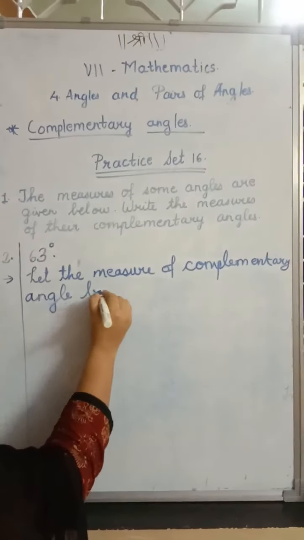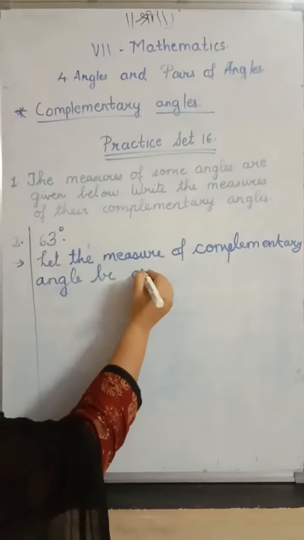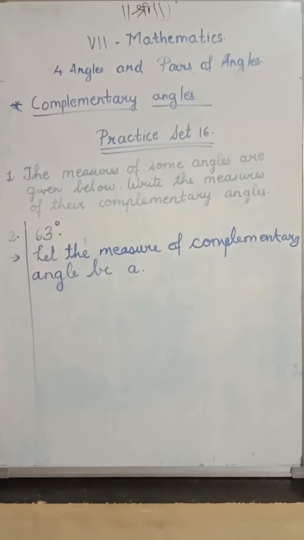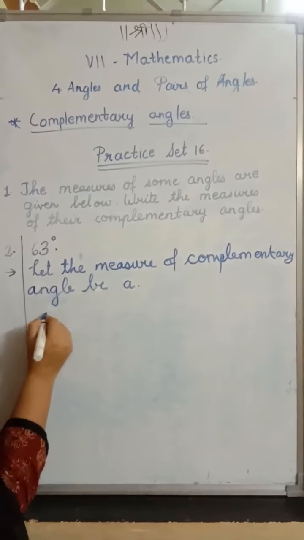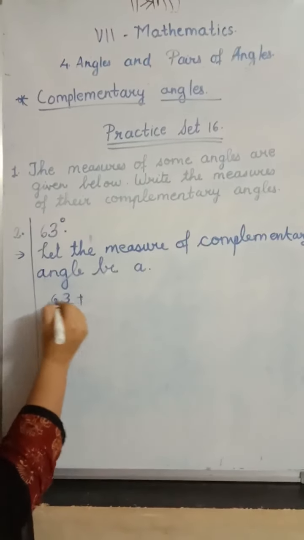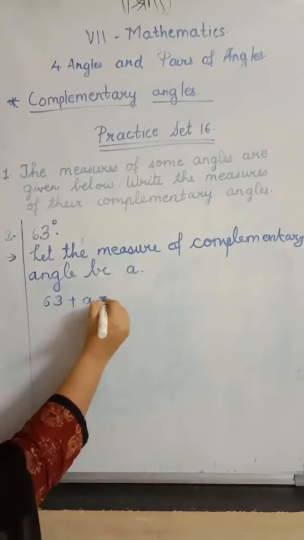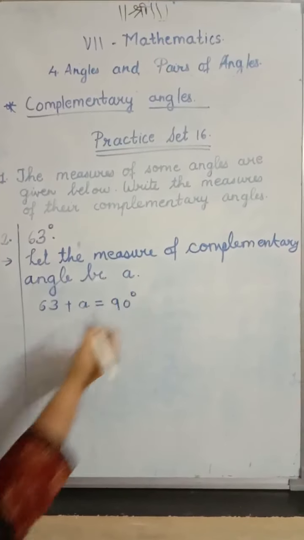First we took x, now we will take a. So now we will write 63 plus a is equal to 90 degrees.